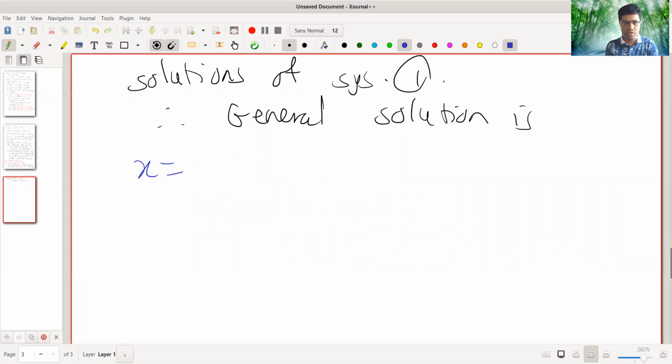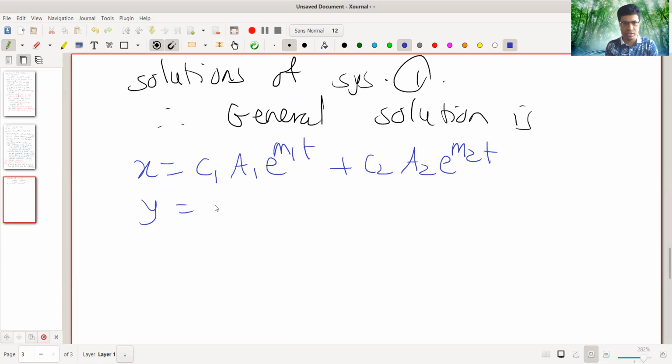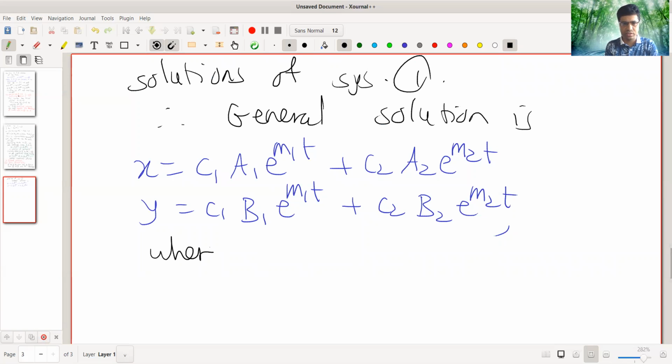x equal to c1 a1 e raised to m1t plus c2 a2 e raised to m2t, and y is given by c1 b1 e raised to m1t plus c2 b2 e raised to m2t, where c1 and c2 are arbitrary constants.